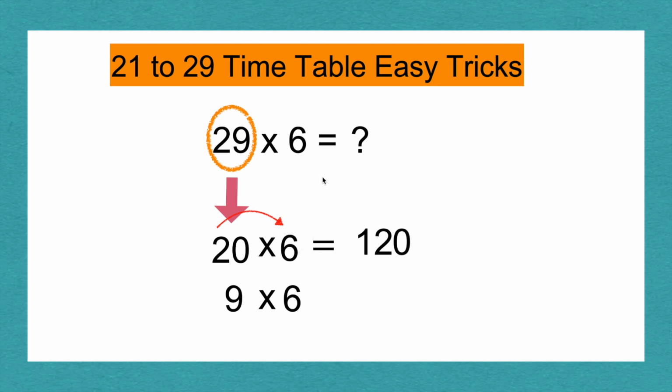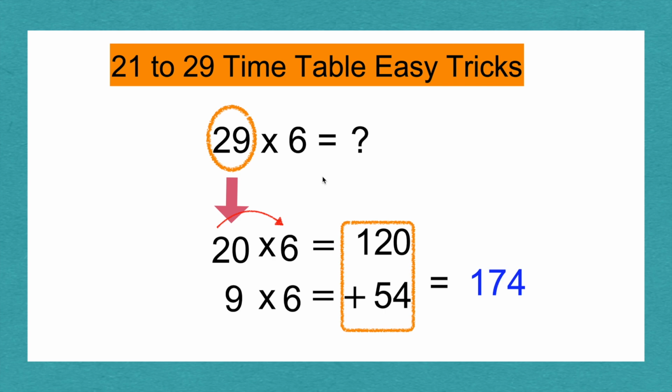Add the 0, 20 times 6 equals 120. And 9 times 6 equals 54. 120 plus 54 equals 174. 174 is the answer. And 29 times 6 equals 174.